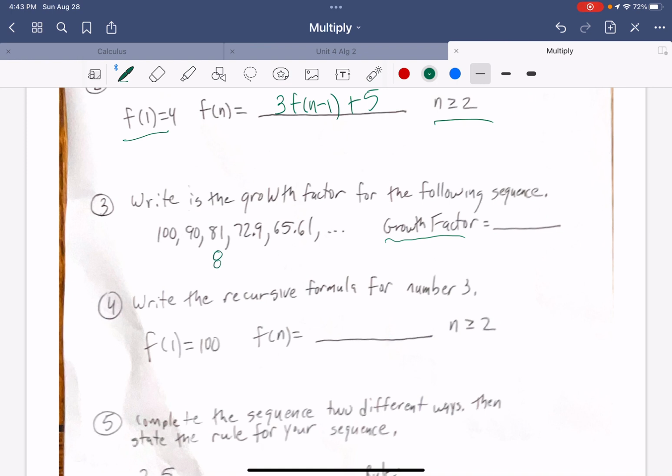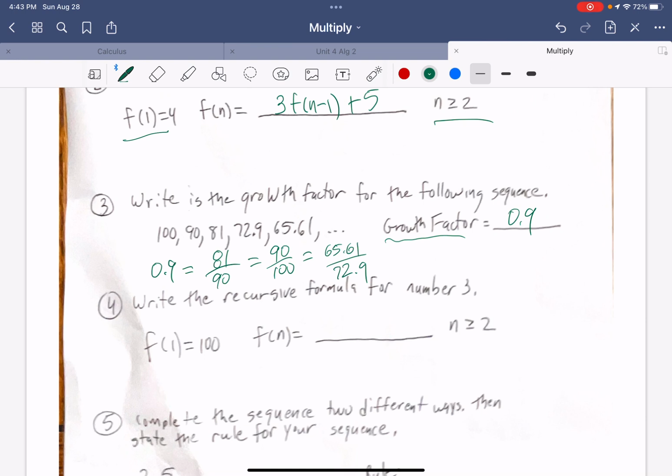So you take like 81 and divide it by 90 on the calculator, and that should be equal to 90 divided by 100 on the calculator, or you can even do the decimals, 65.61 divided by 72.9, whatever makes you happy. Divide those out, and it's all going to be 9/10 or 0.9. So 0.9 is the growth factor.